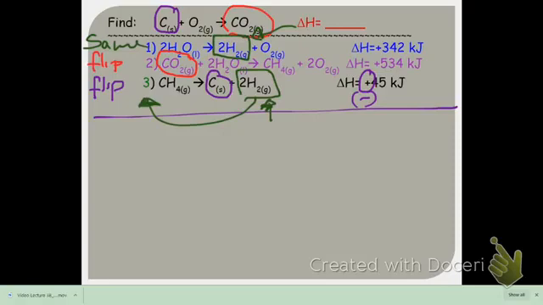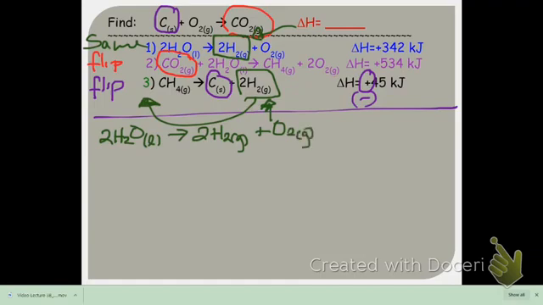So our first equation, we're going to have 2 H2O liquid produces 2 H2, the gas, plus O2, the gas.